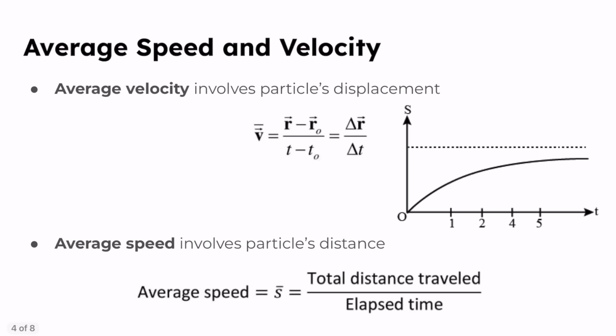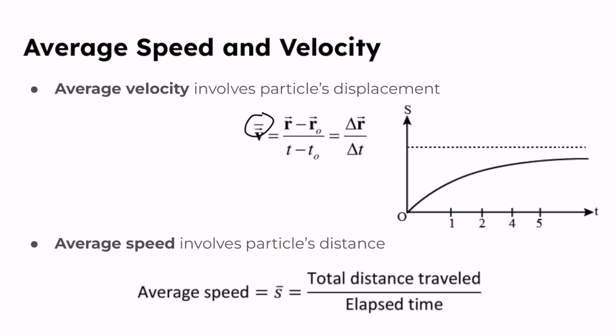Now we're going to move into average velocity and speed. Average velocity involves a particle's displacement, and it is basically the rate of change of the particle's displacement. Velocity, which is also a vector, notice the arrow above the v, the average velocity, is defined as the change in displacement vector over the change in time.